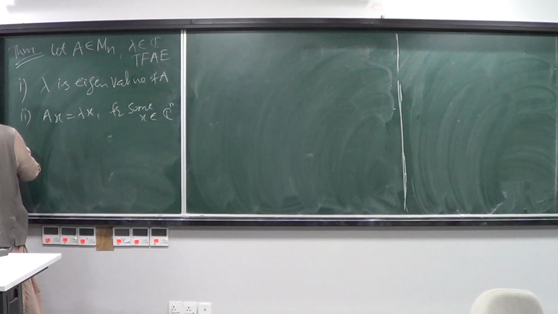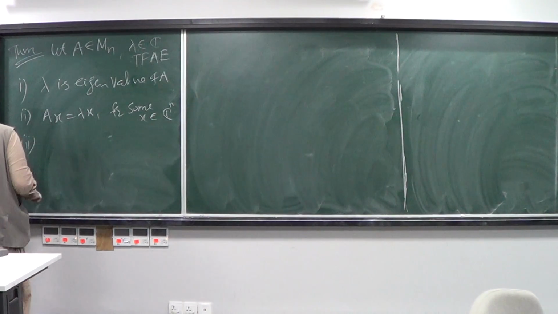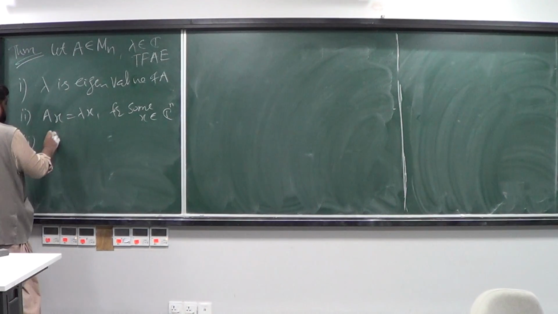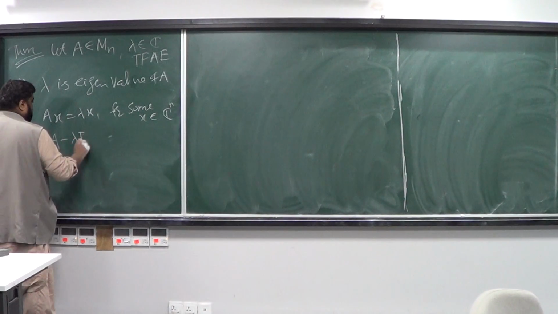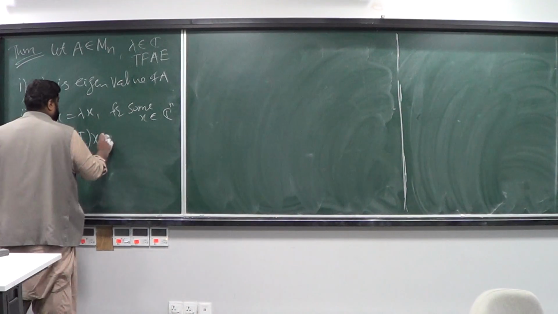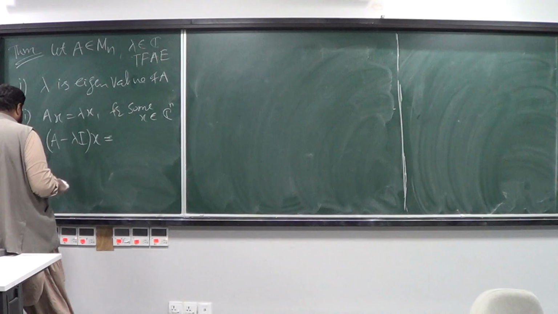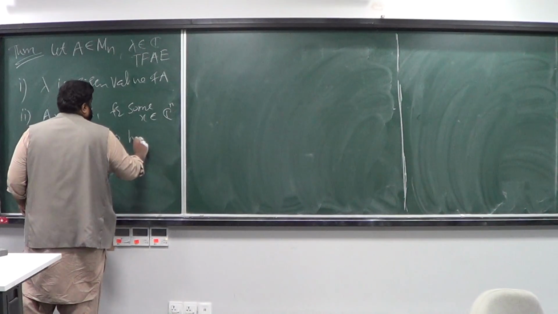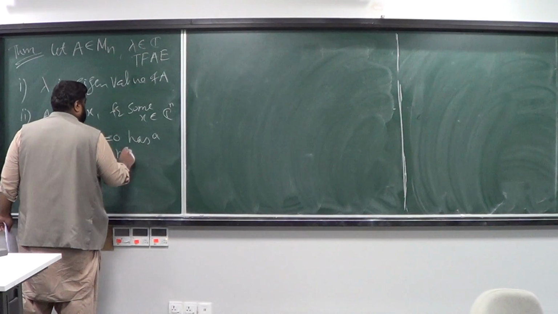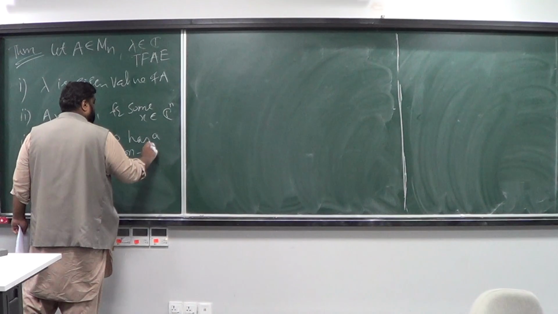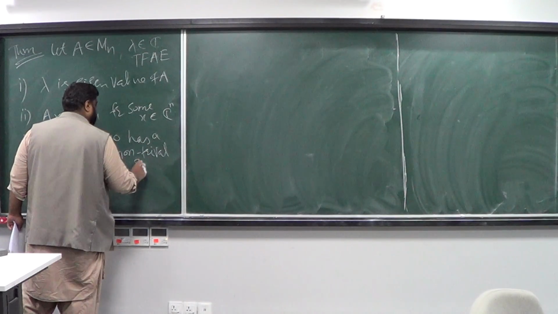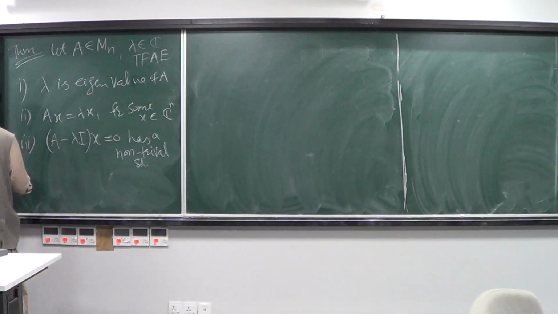Third is that A minus lambda I operated onto x has a non-trivial solution. So it has a non-trivial solution. That's the third characterization.